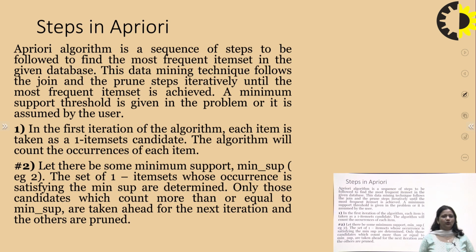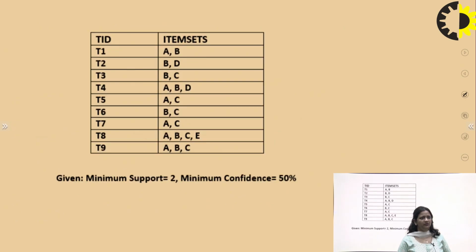We join one item sets, two item sets and three item sets, and after that we prune, or eliminate, those item sets which do not satisfy a minimum threshold value. A minimum support threshold value is given in the problem, or it can be assumed by the user.